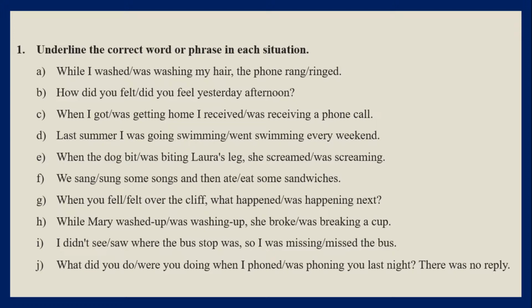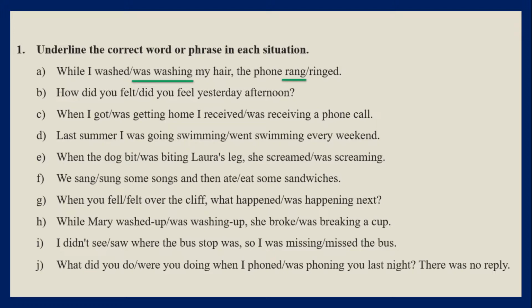I'll give you a few seconds, then I will start explaining the answers. So I recommend you pause the video for a few seconds. Okay, let's begin. A. While I was washing my hair, the phone rang.